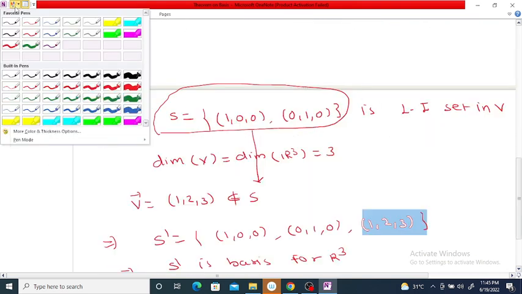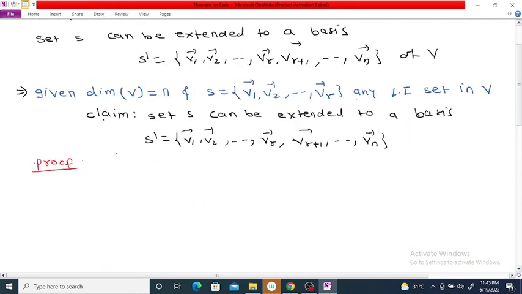So, the proof. In the first case, if r is equal to n, then S itself is a basis, and there is nothing to prove.